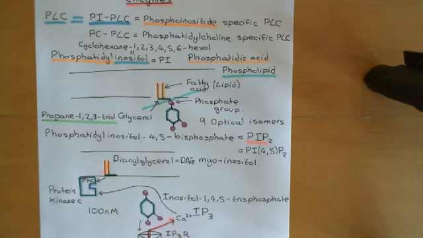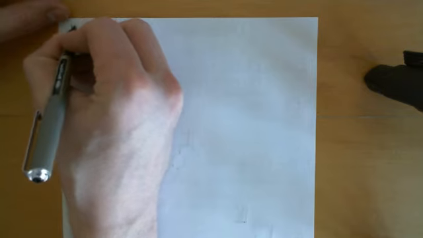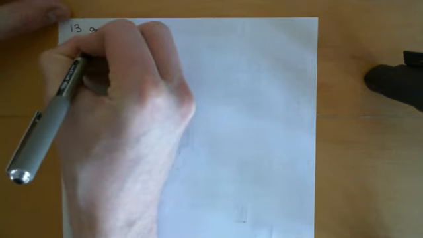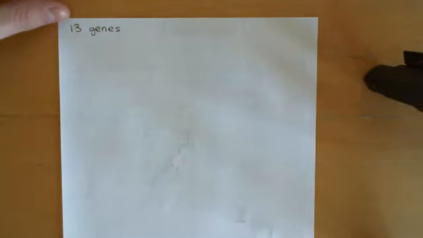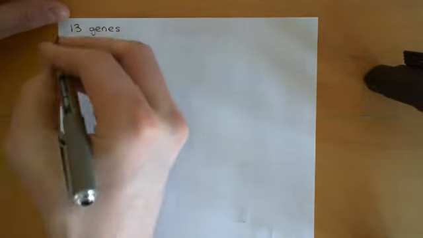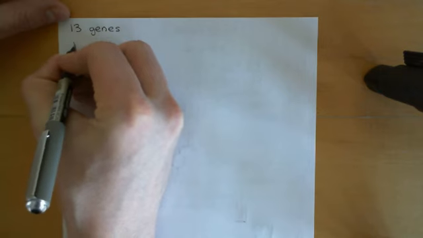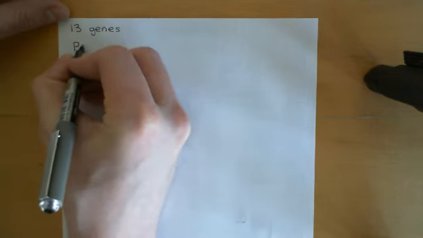And we also want to look at this catalytic domain that is common to all of them and how we are going to activate that catalytic domain. So let's start by discussing the 13 different genes. Now, they are grouped into 6 families. So let me talk about the 6 families before I talk about the specific genes.